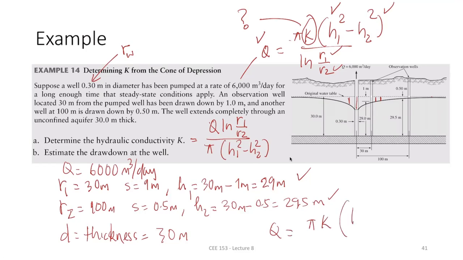Let's replace H1 with H well. H well minus H2, where the distance is whatever you assume, it doesn't matter. Let's say 100 meters from now, that height is 29.5 meter.